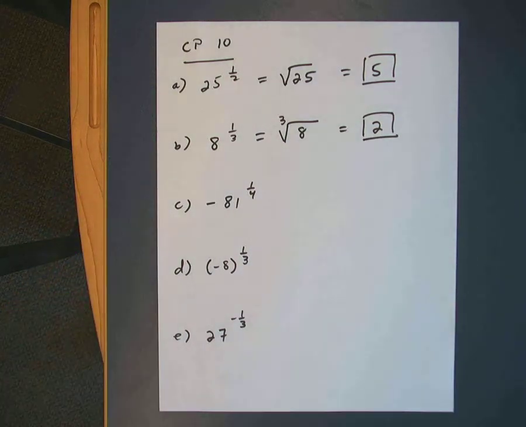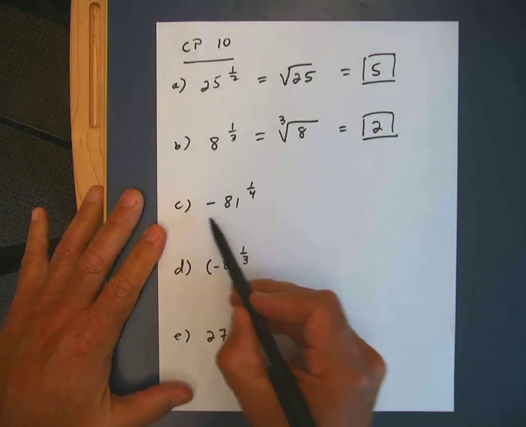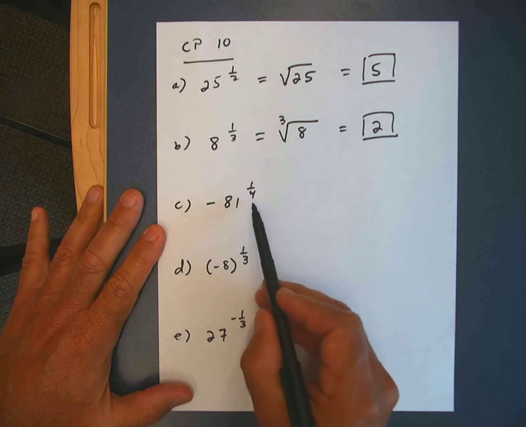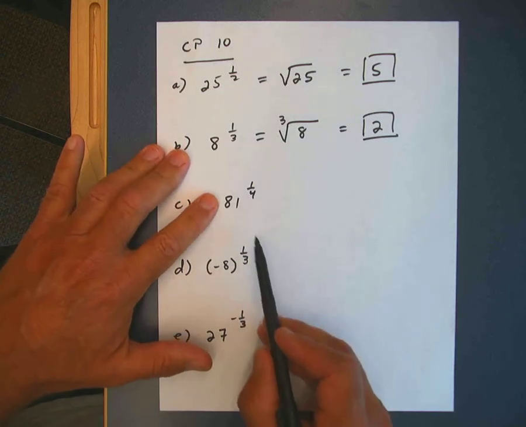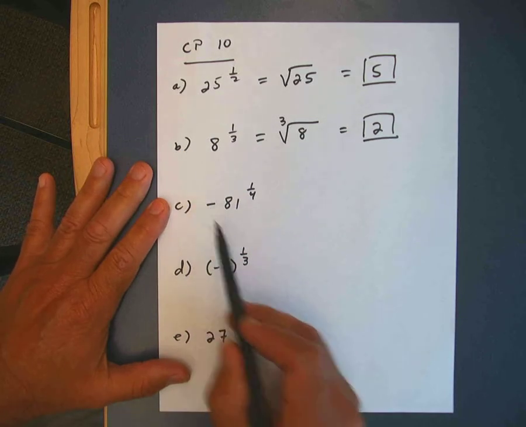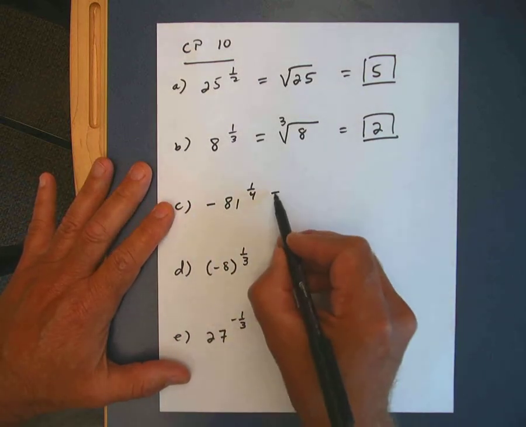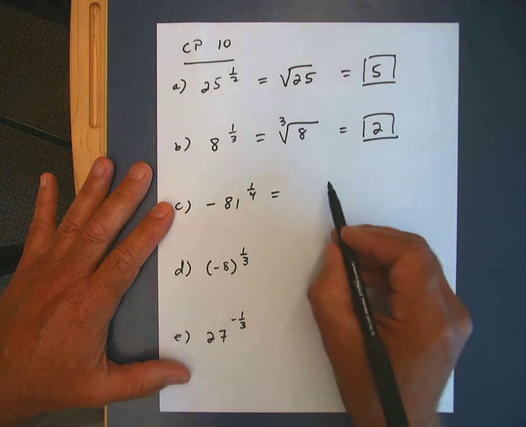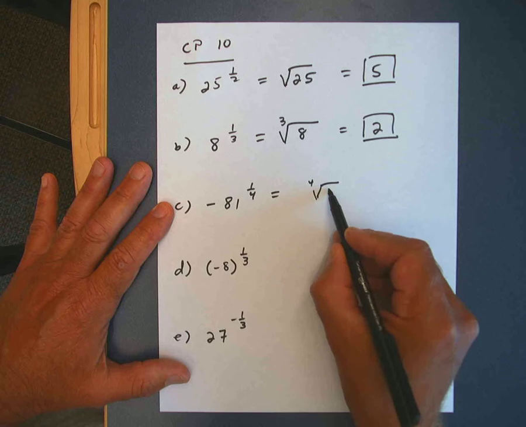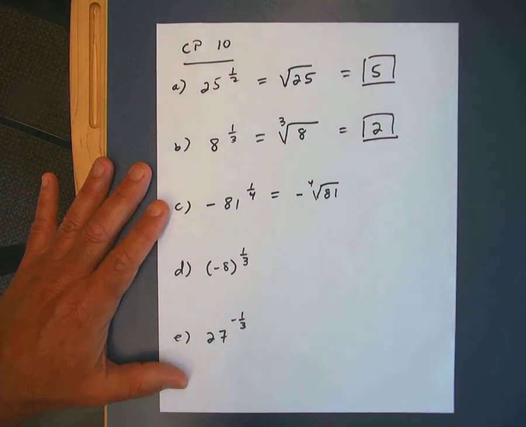Okay, here we have a negative number to the 1/4 power. Actually, that's what it looks like. It's not, because we don't have parentheses around the -81, which would be a problem. Essentially, this is 81 to the 1/4 power, and then we're taking the opposite of that. So if we translate that with roots, we'd have the 4th root of 81, and then, of course, you'd have to take the opposite.